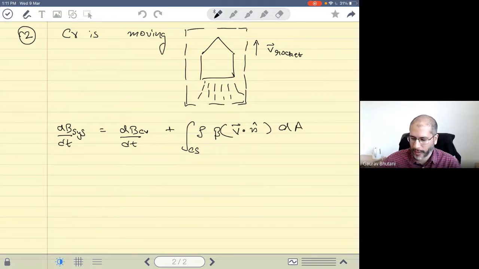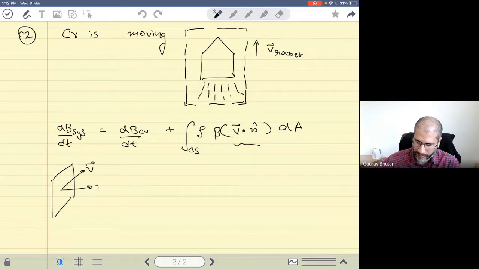In this case, this v dot n came from the flow rate. Remember in the beginning we talked about an area through which some flow is happening like this. So this v dot n is because of some flow entering or leaving the control volume.